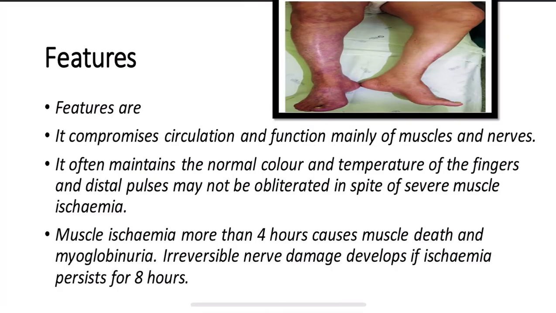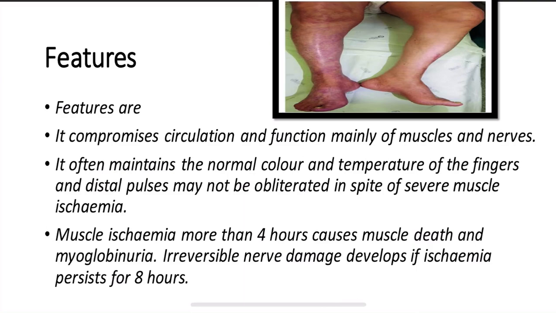Let us see the clinical features of compartment syndrome. It compromises circulation. So we know there is impaired circulation, and the function, mainly of the muscles and the nerves, is compromised. It often maintains the normal color and temperature of fingers, and distal pulses may not be obliterated.